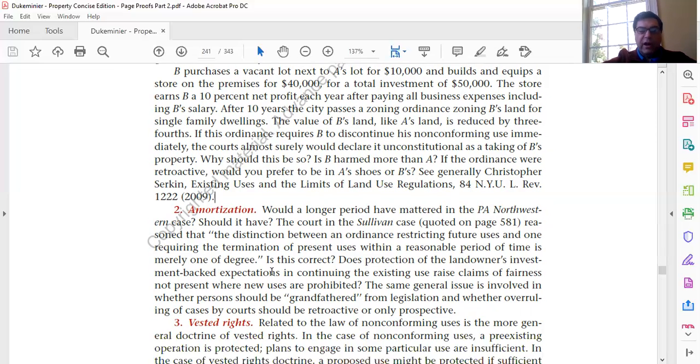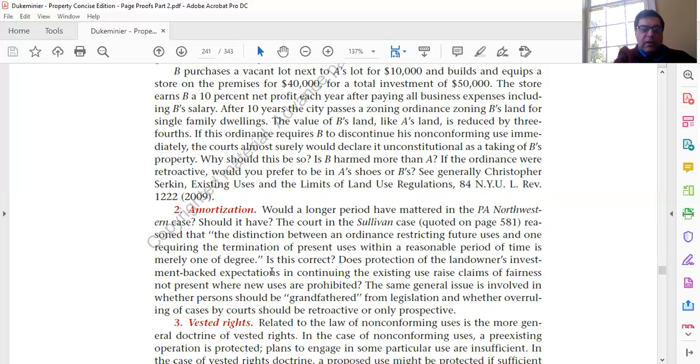They seem to just adopt a blanket rule against amortization periods at all, that you can't make somebody stop even if you give them a reasonable amortization period. But the authors think that it ought to make a difference, that if you had a longer amortization period that allowed more opportunity for the landowner to recover on their investment in the property, that should be significant in deciding whether the rezoning should be deemed to be a taking requiring compensation by the government.